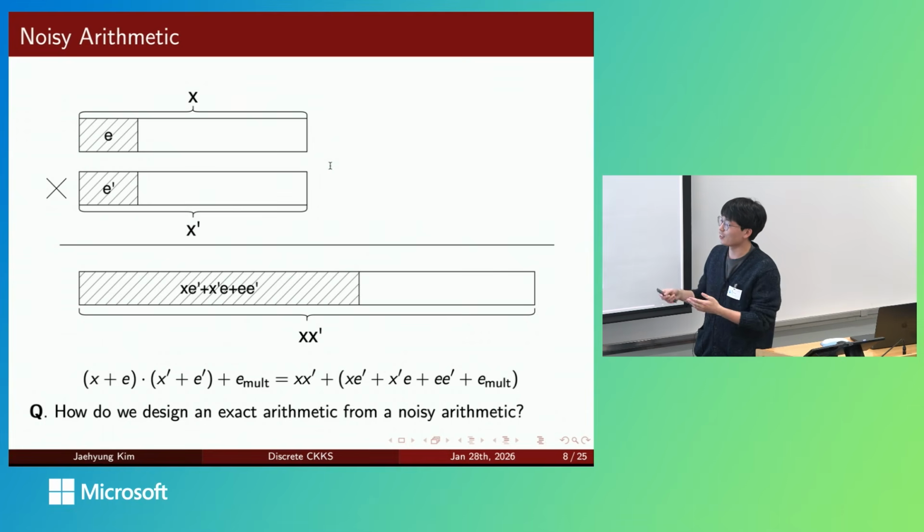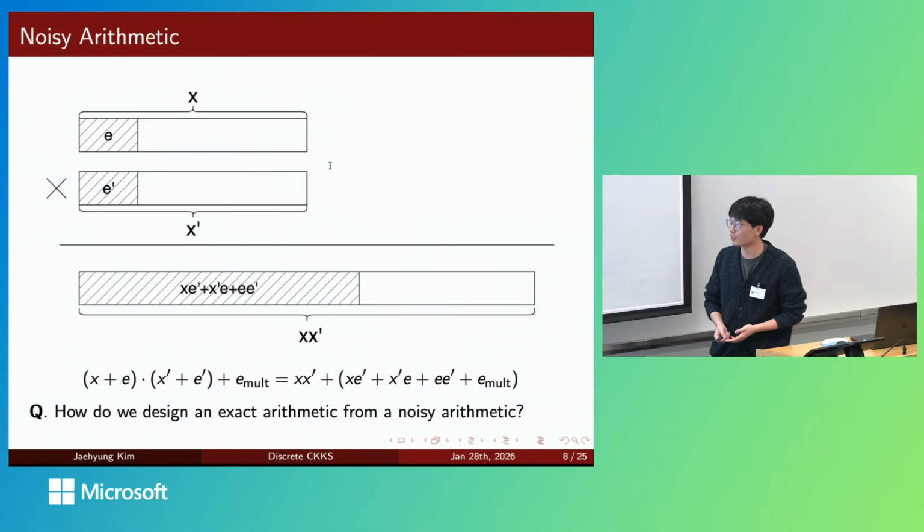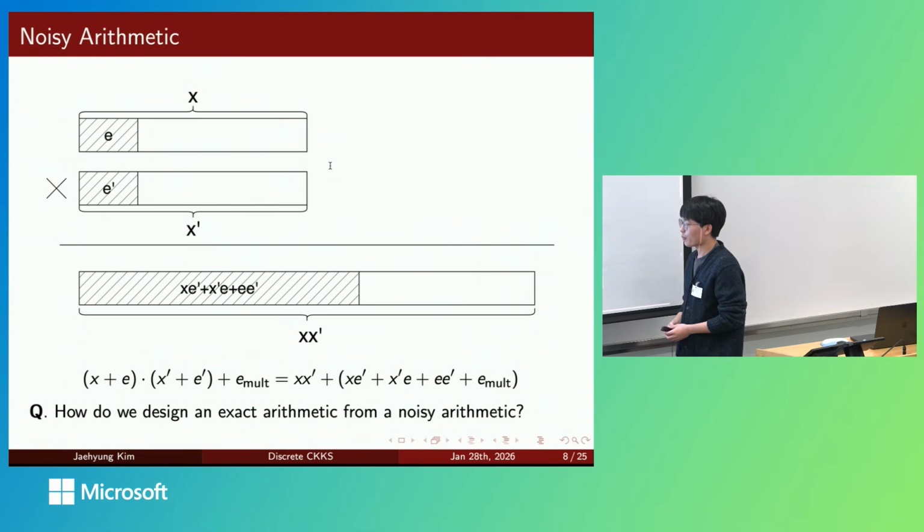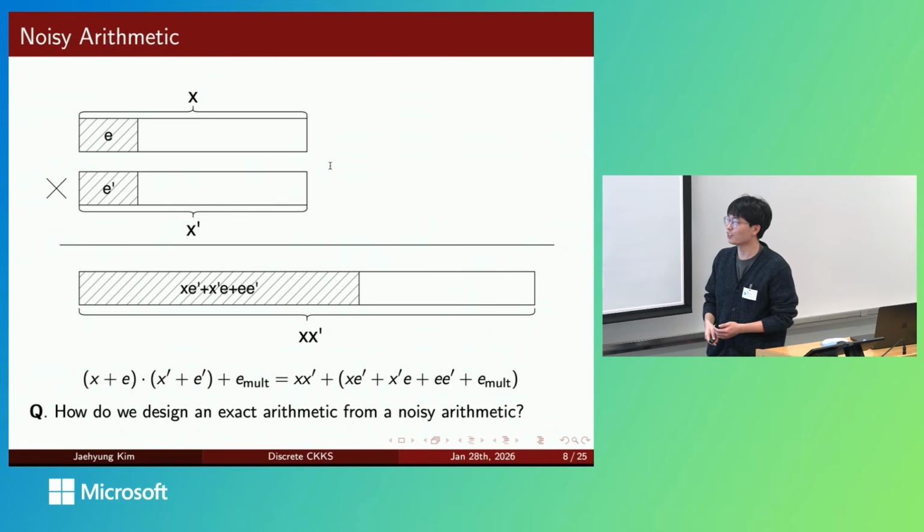And let me start talking about these noisy arithmetics. So let's consider you have two integers, x and x prime, and you want to just multiply. These long bars are just integers, but the problem is that they are noisy.